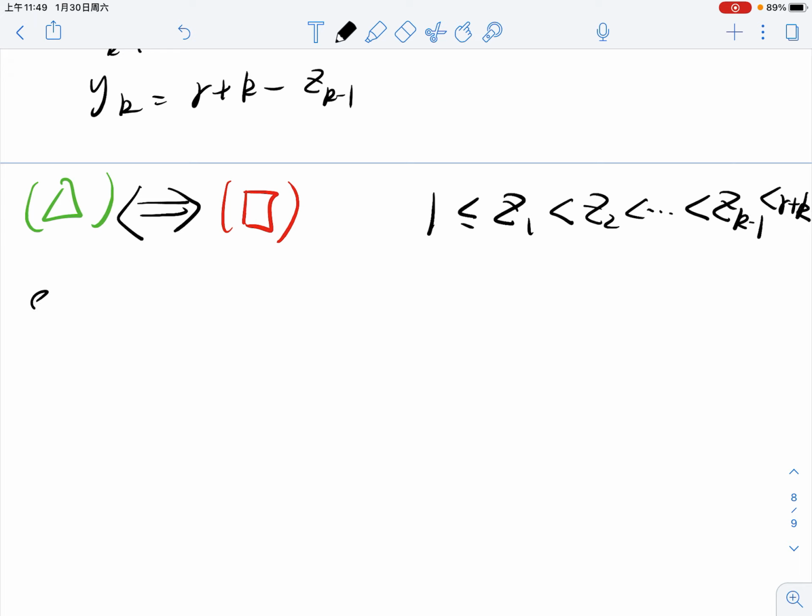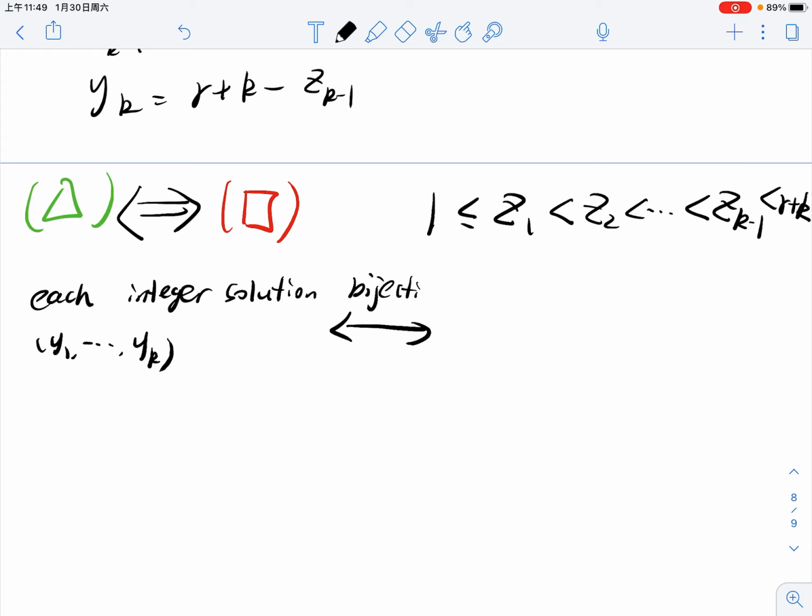So in other words, each integer solution y1 to yk is in 1-to-1 correspondence with such an increasing sequence z1 to z(k-1).